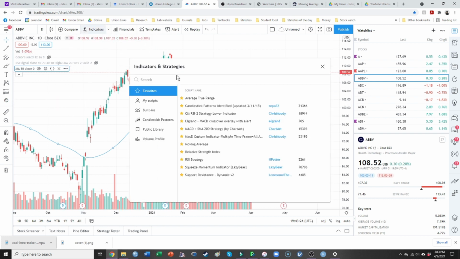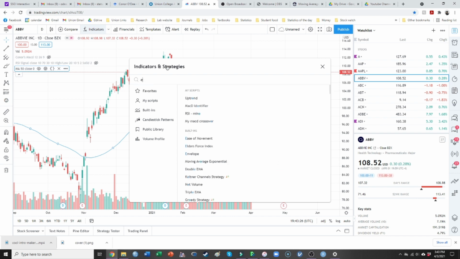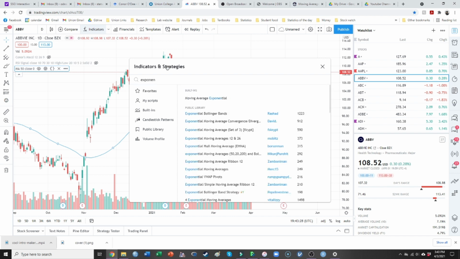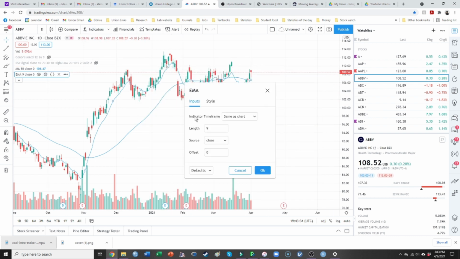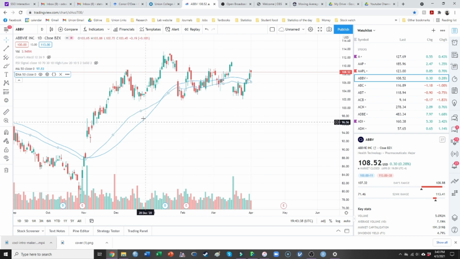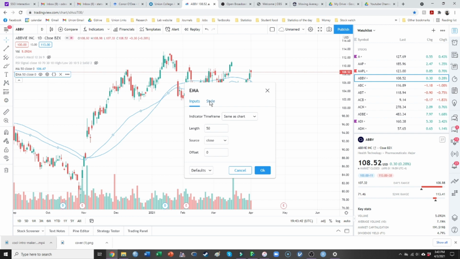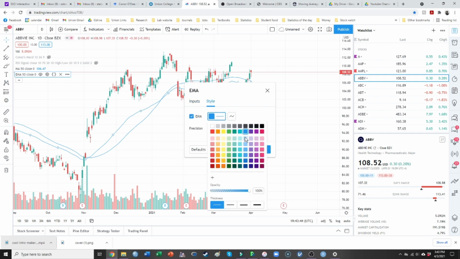Now, I also want to add in an exponential moving average. So I could add in a 50-day exponential moving average. So I'm going to put 50-day there. That's the new line, and I'll code it as a different color. Let's put that as purple.